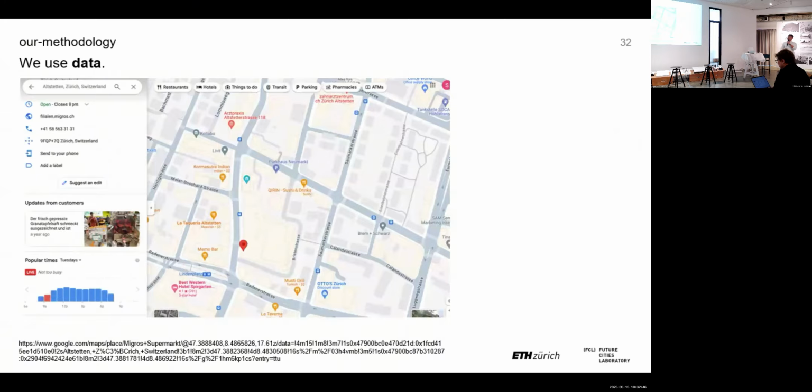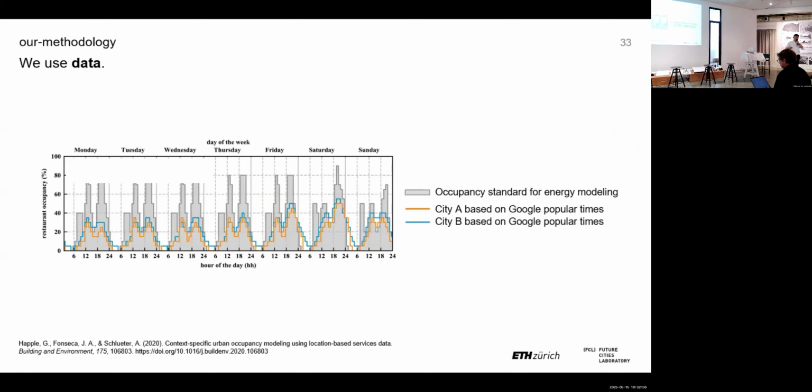The next part, I will briefly mention the methodology we have in the chair, not just my project, but the entire chair, which is relevant to what we have been doing. First, we use data. We use Google Maps data. As we talked about just now, there is the energy use intensity and also the energy use curve.